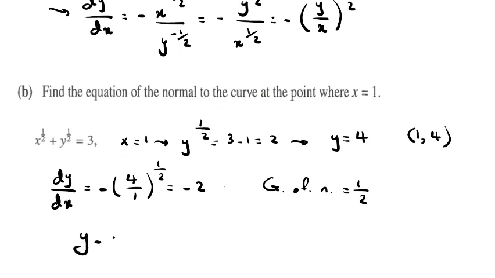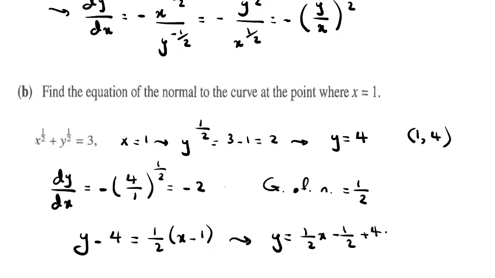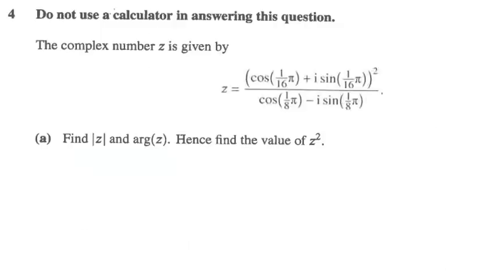So you know y minus y0 equals 1 over 2 times x minus x0, this point. And so if we simplify, it will be y equals 1 over 2 x minus 1 over 2 plus 4, and it equals 1 over 2 x plus 4 times 2, 8 minus 1, 7 over 2. So the answer is this.